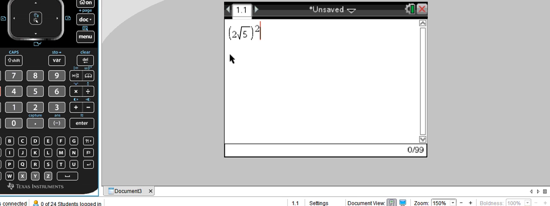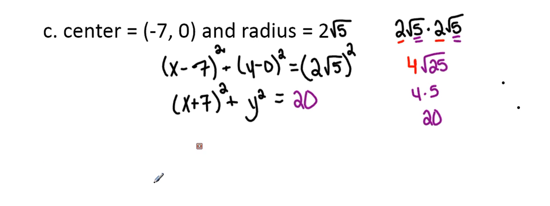If you don't put that inside parentheses, it will square the square root of 5 first and then multiply that number times 2. And that's not what we're trying to do here. We want to actually square the entire phrase 2 square roots of 5. So again, if you don't trust your algebra, trust your calculator.